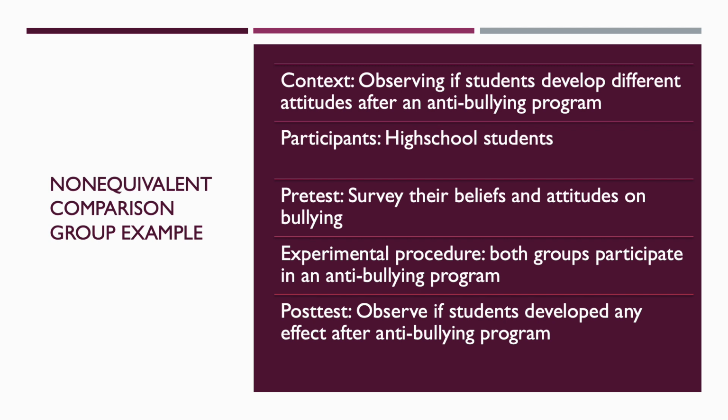The experimental procedure would then implement the anti-bullying program to teach and educate students on anti-bullying and how we could prevent bullying towards other students. And then the researchers will conduct a post-test to observe if there is any effect after taking the anti-bullying course.